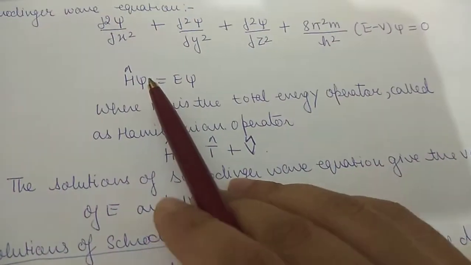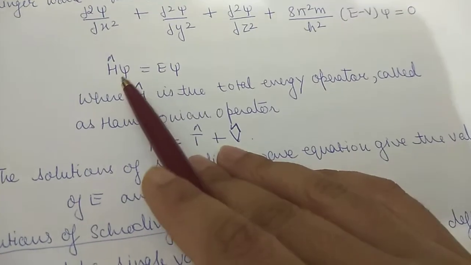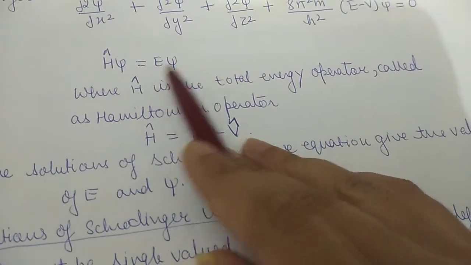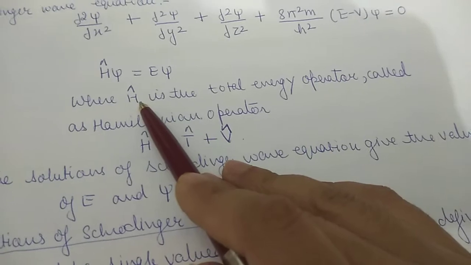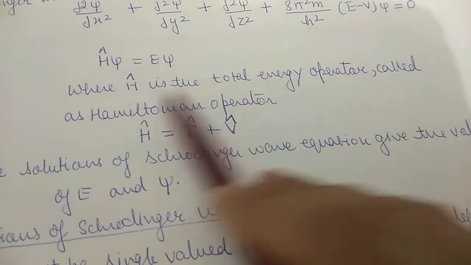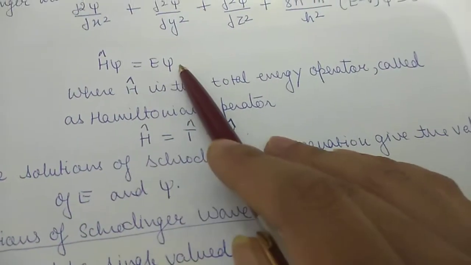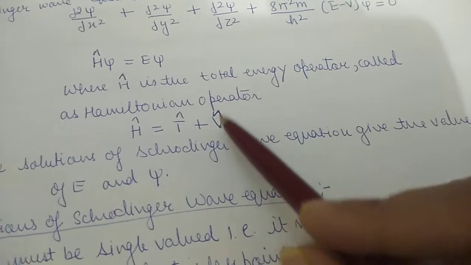Now, if you have to write Schrodinger wave equation in a very short form, you can write it like this: Hψ = Eψ, where H is the total energy operator, which is called as the Hamiltonian operator. This is one form of Schrodinger wave equation.